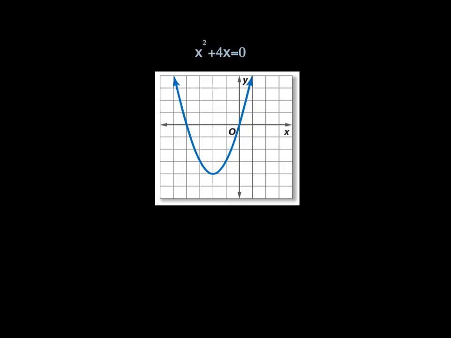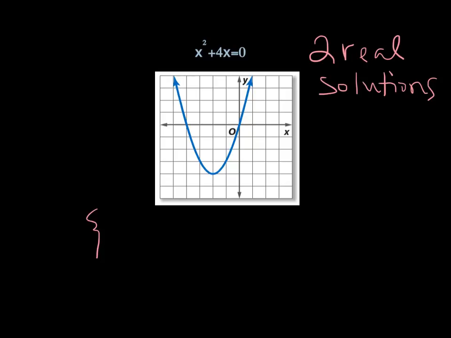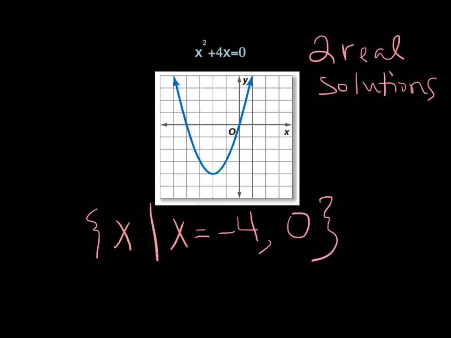So in this one, we have two real solutions. And we have our set notation, where our answers are x such that x equals -4 and 0. Pretty easy, yeah?